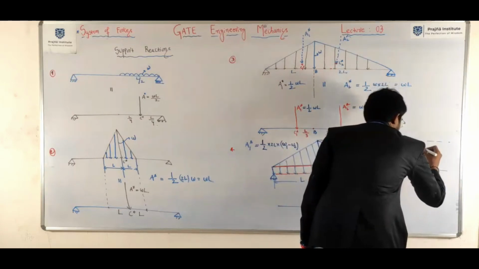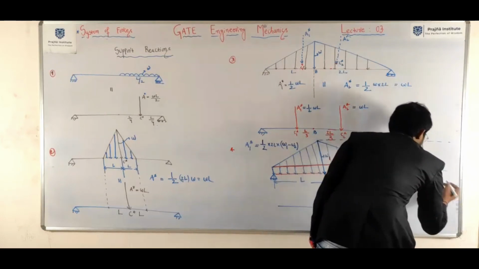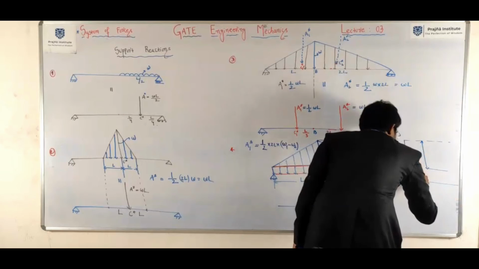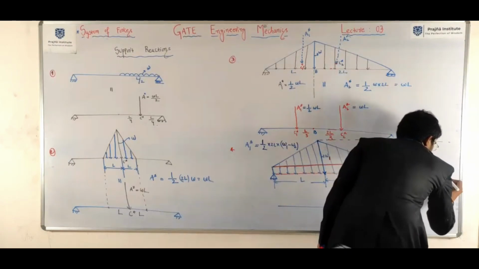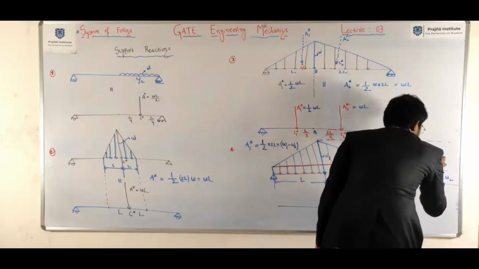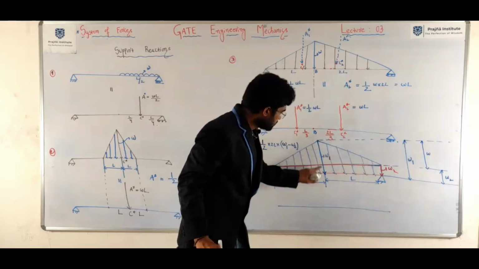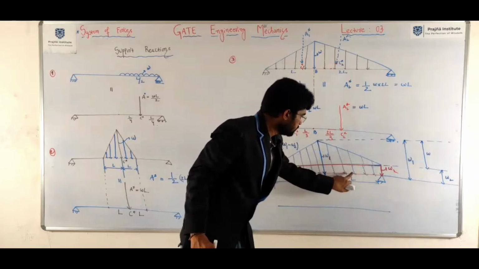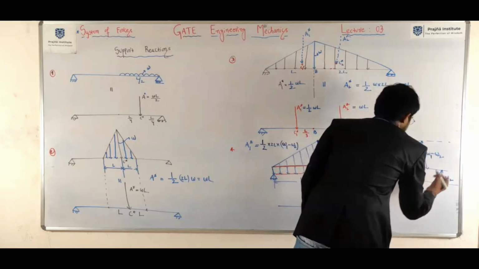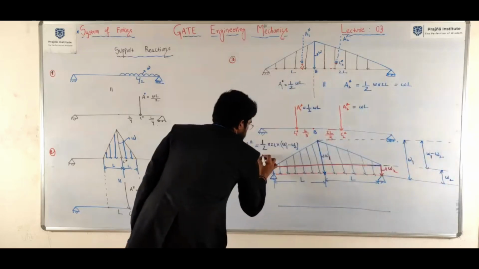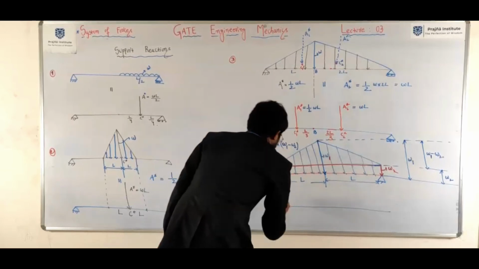From here to here, how much? Here to here, W2. This is W1. From here to here, W1, W2. Here to here, W1 minus W2. This is W1 minus W2 into L.